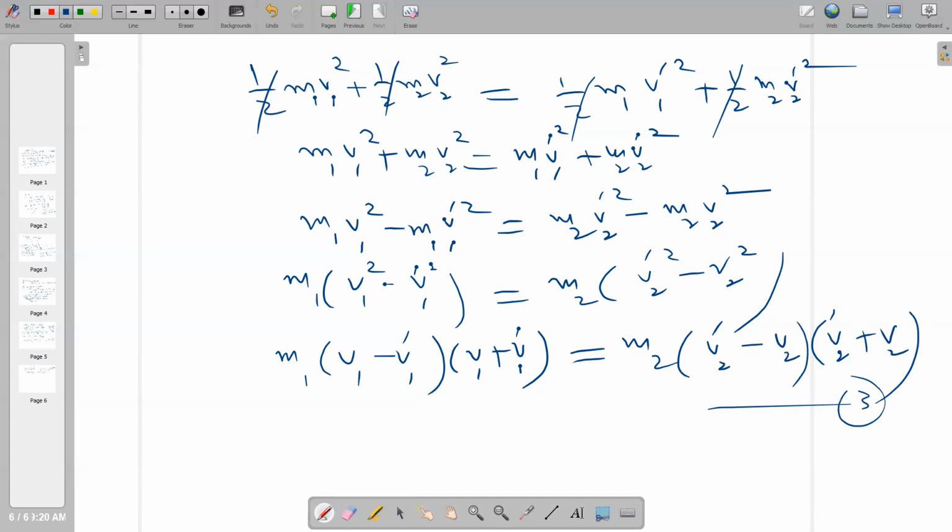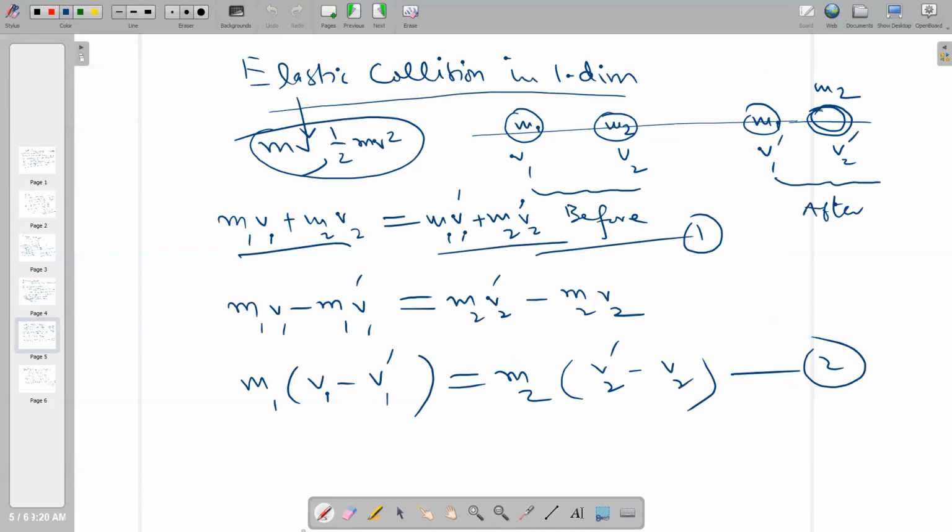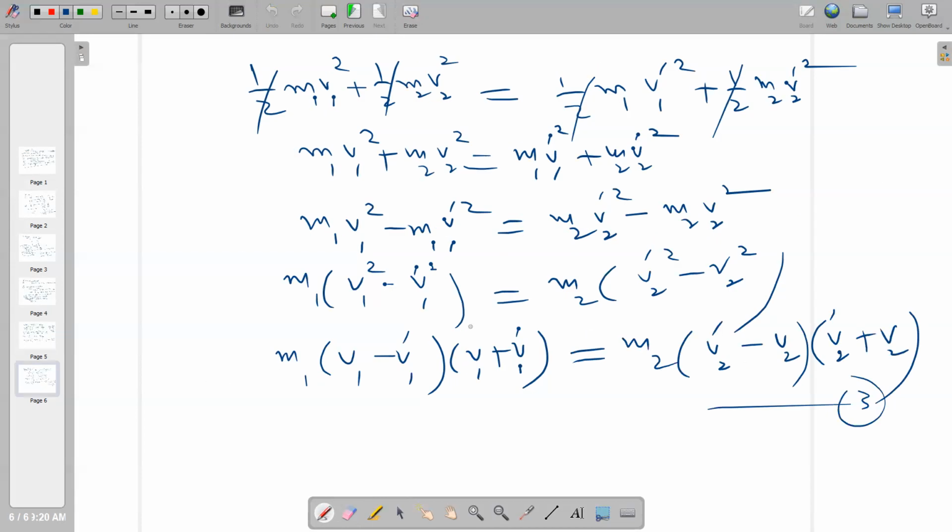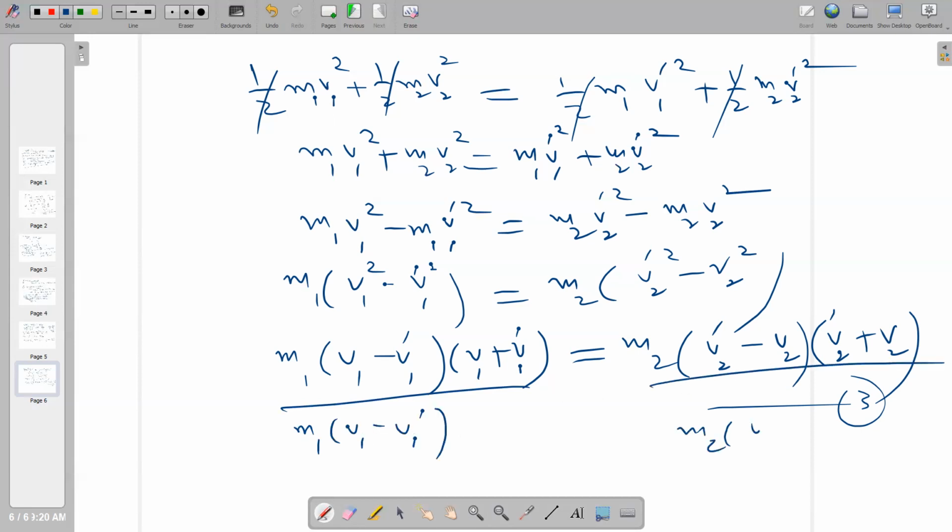Now I want to divide this equation by equation number 2. You should remember that this is our equation number 2. So left hand side on left hand side, right hand side on right hand side. You will divide m1 into v1 minus v1 dash over m2 into v2 dash minus v2.